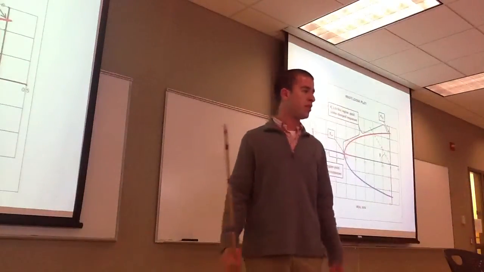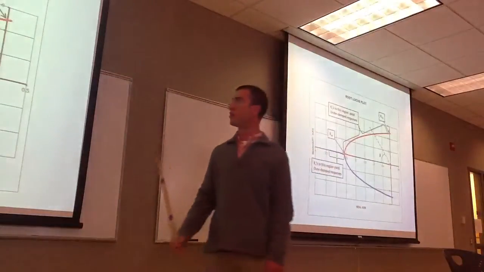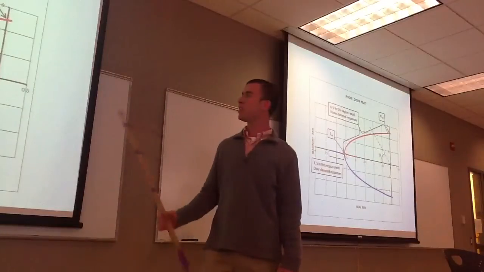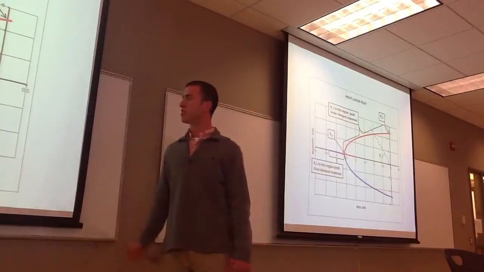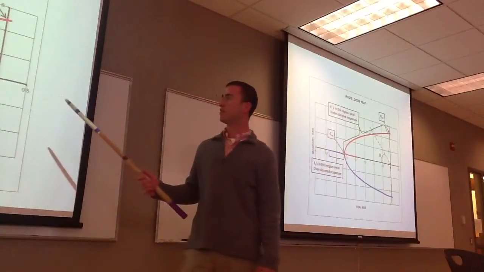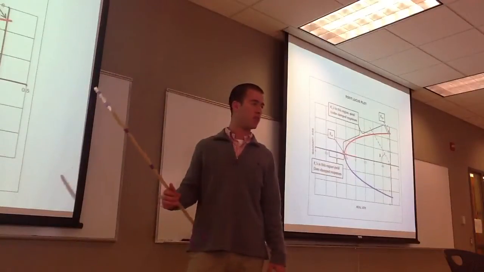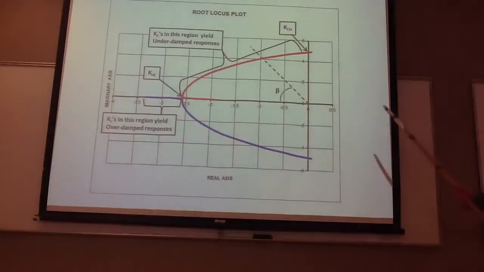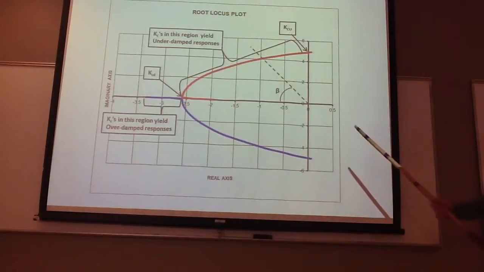And now I'm going to tell you a little bit about the root locus plots, which help you determine different gains for a system and tell you what the system characteristics are going to be like, whether it's going to be underdamped or overdamped.